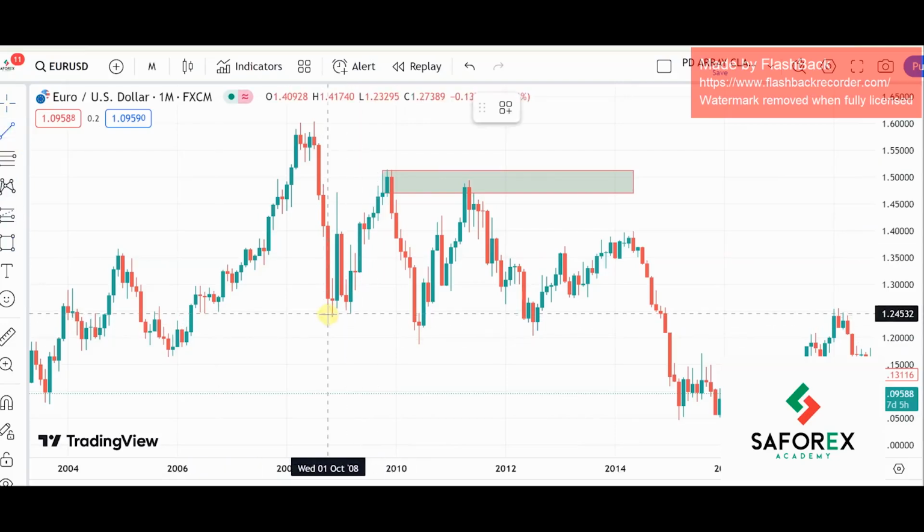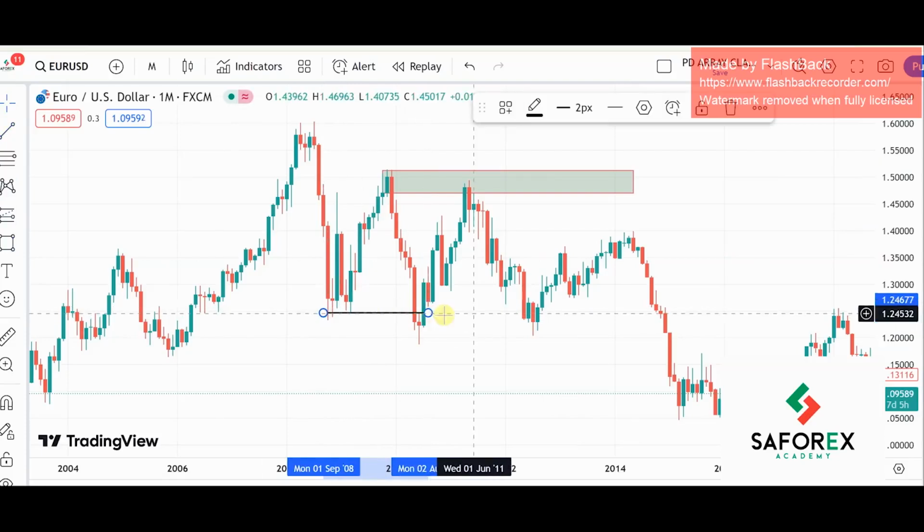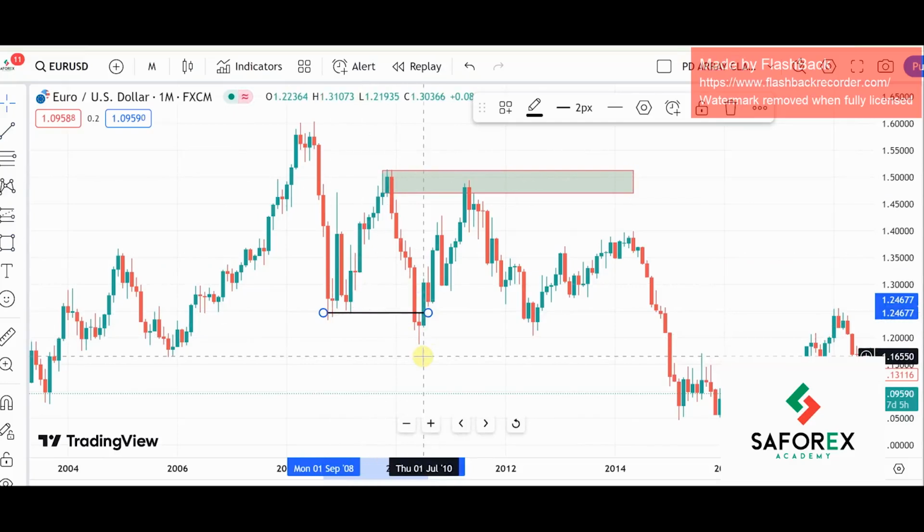Which was it here? You can see this very obvious, right? It's an obvious shift. The market really ran down here. Number two, you want to see that it is unmitigated.